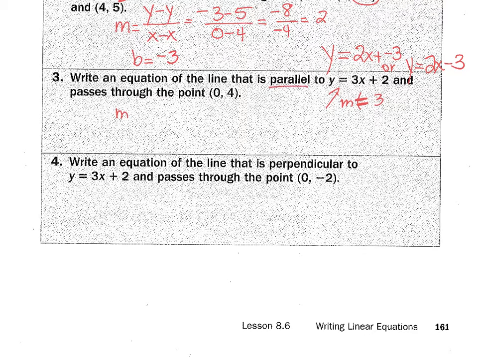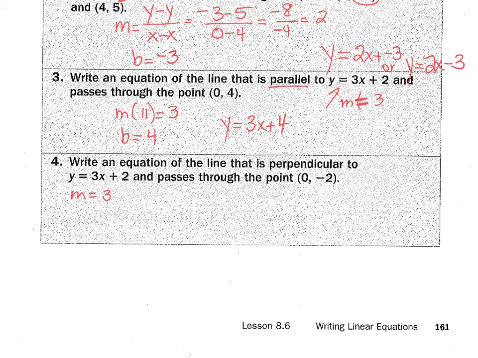Because it wants the parallel line. Carson? 3. Do you guys know what the y-intercept is? Jackson? 4. So what is the equation of that line, Jared? y equals 3x plus 4. Yep.